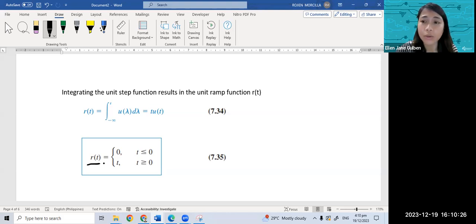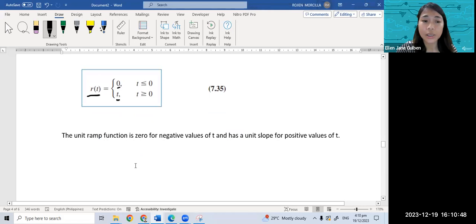It's almost the same as the unit step, but with the unit step you get a constant value, right? With this one, you get a function of the variable t. So the unit ramp function is 0 for negative values of t and has a unit slope for positive values of t.